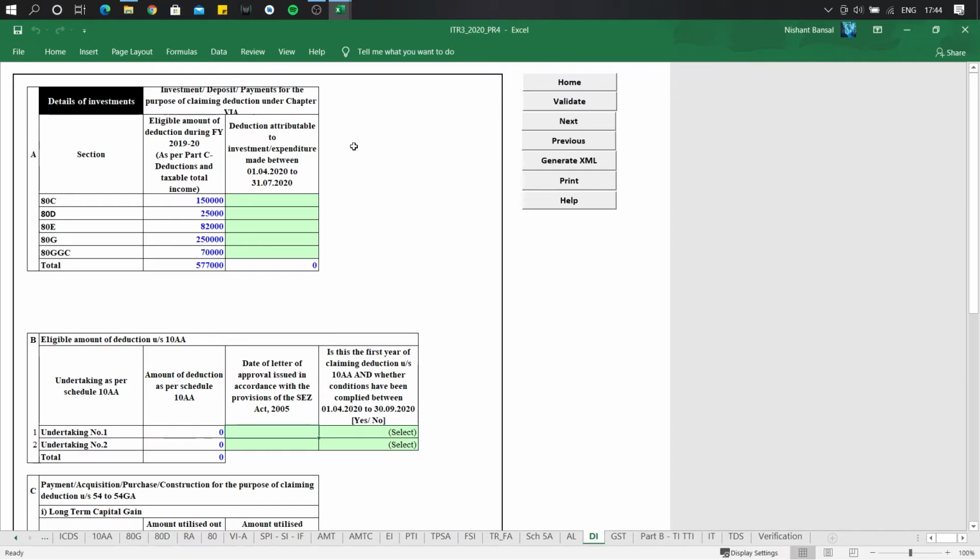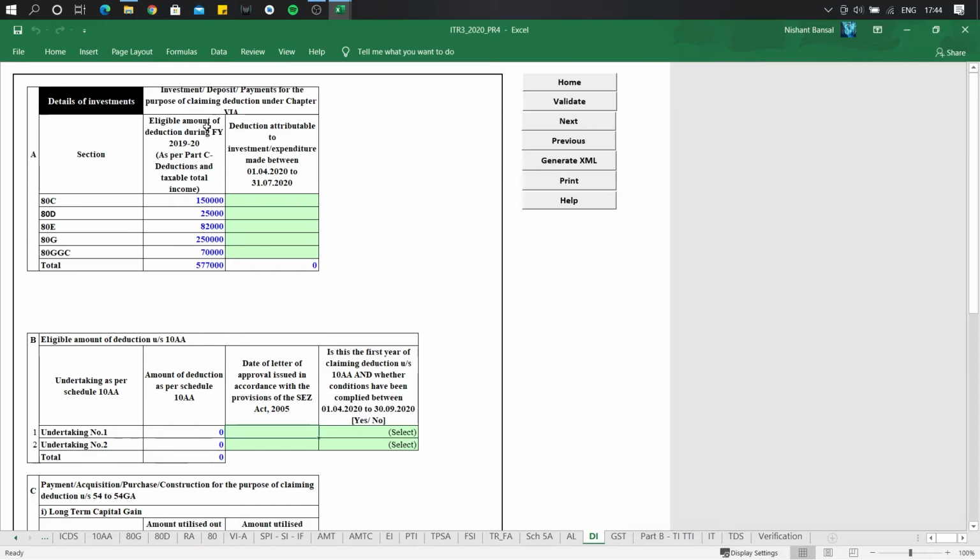So this sheet is asking whether you want to claim the deduction of the amount invested during that period in this previous year only or the upcoming one. We'll assume, since nothing is mentioned, that we want to claim the deduction in this previous year only.